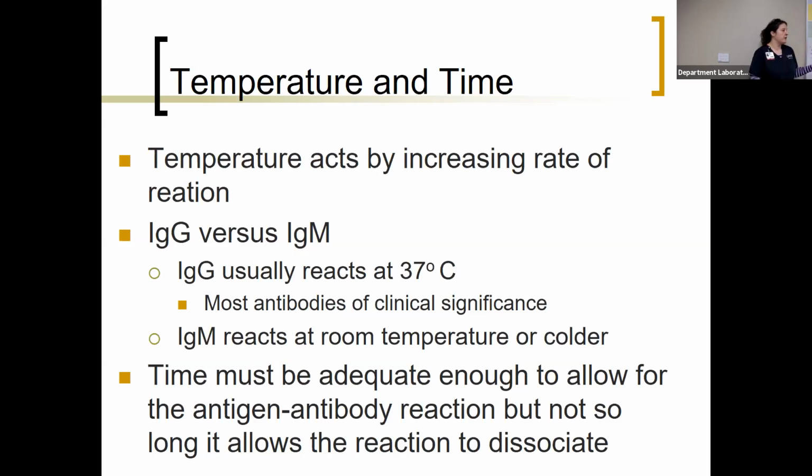I just wouldn't hear it go off. And then I would go check my results so I could enter them in the computer, and my IAT or antibody screen or panel had been incubating for an hour, okay? That's too long. If you have prolonged incubation times, it can dissociate the antigen-antibody complex, okay? So then I had to repeat my test and re-incubate, right? So you want to allow the appropriate incubation time, but you don't want to go too long.